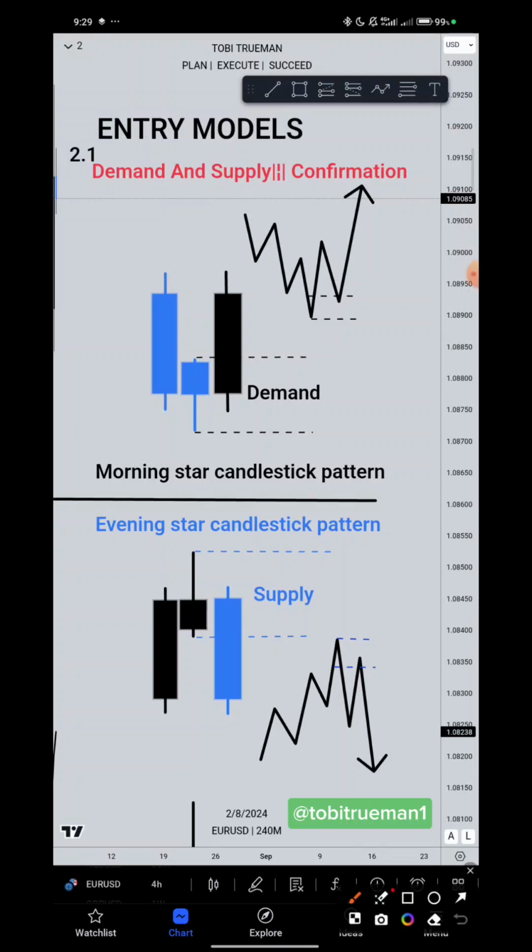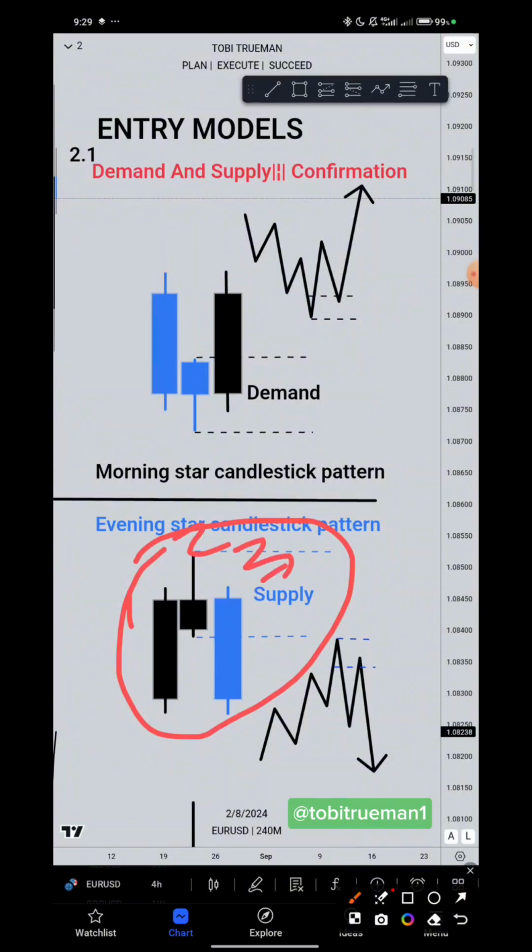Now when the market is coming down, that's what we talk about as supply. Supply is when price gives us something like this type of candlestick formation, where price is giving us candlestick 1, candlestick 2, then candlestick 3.